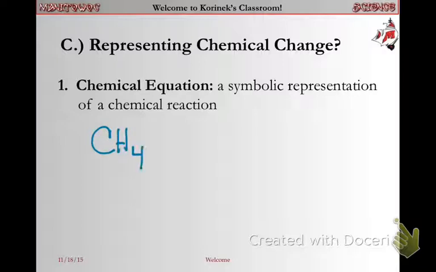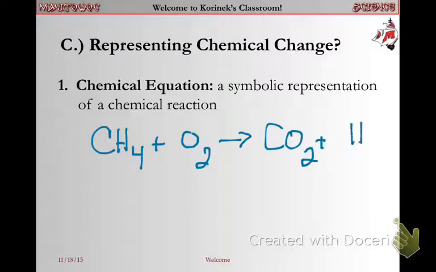So carbon tetrahydride, which I'm drawing right now, is better known as methane. That's actually the gas that comes out of our Bunsen burners that we light. And when we light it, it combines with oxygen gas and it produces two different things. The first thing is carbon dioxide, and the second thing is water, H2O. Okay? So this is a chemical equation, a symbolic representation of what's going on.